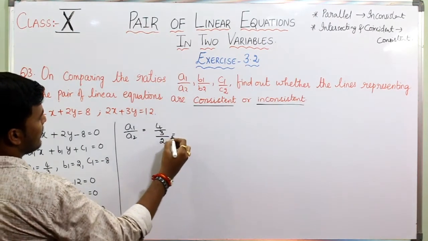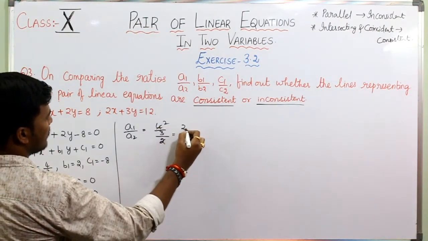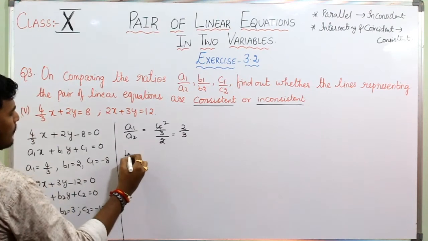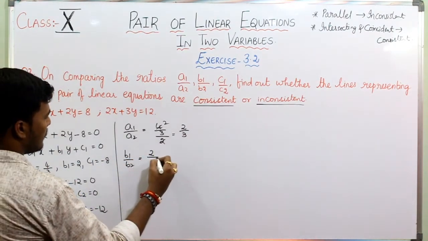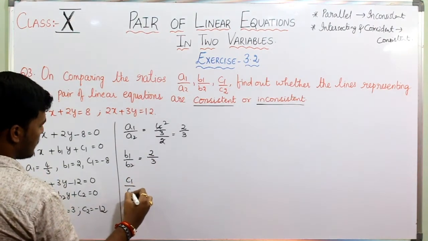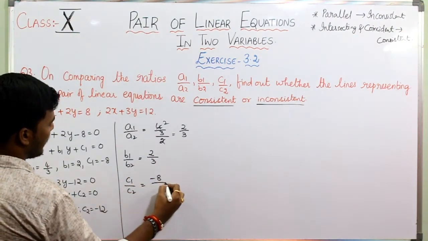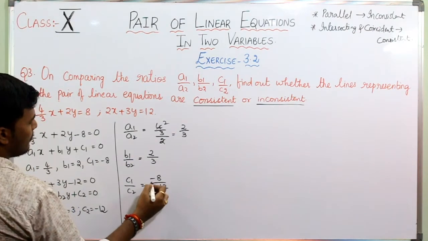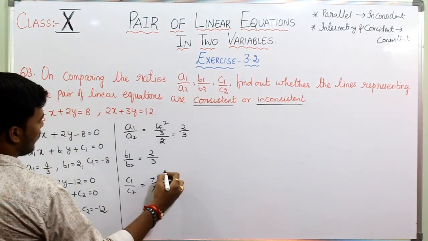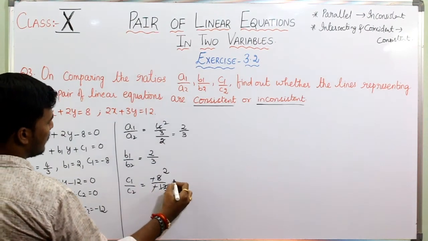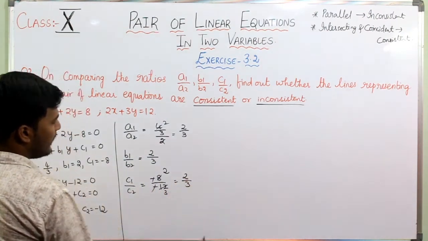So we get 2 ones, 2 twos, so you will get 2 by 3. Now b1 by b2, which is nothing but 2 by 3 again, right? And c1 by c2, we will get minus 8 by minus 12. Minus minus gets cancelled. We can cancel it with the 4 table. 4 2 is 8, 4 3 is 12. So again we got 2 by 3.